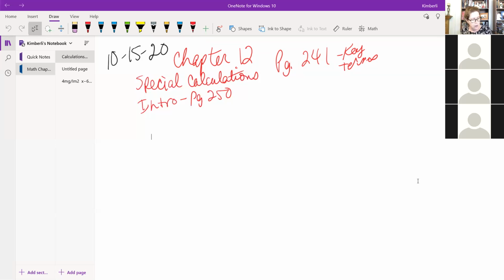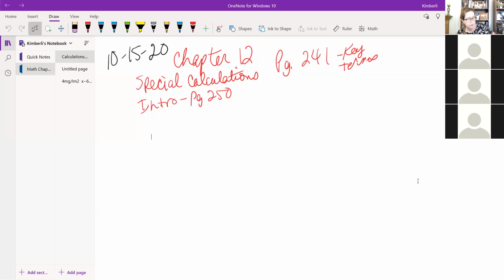Okay, so the first thing it talks about is calculating medication doses by body weight. Pediatric doses may be ordered according to the body weight or body mass. The most common method is going to use kilograms.